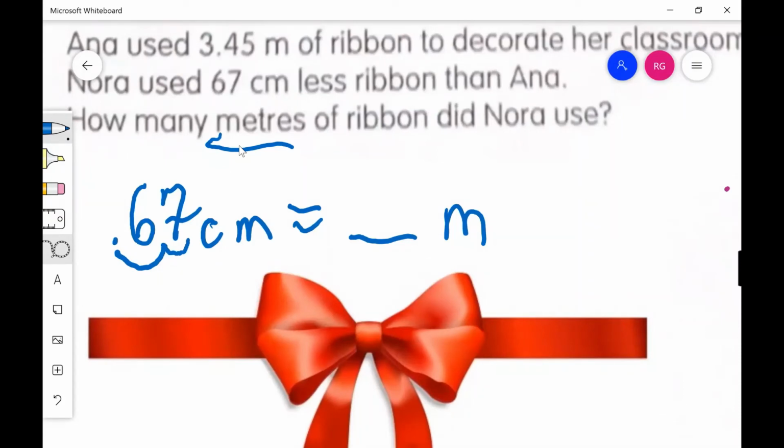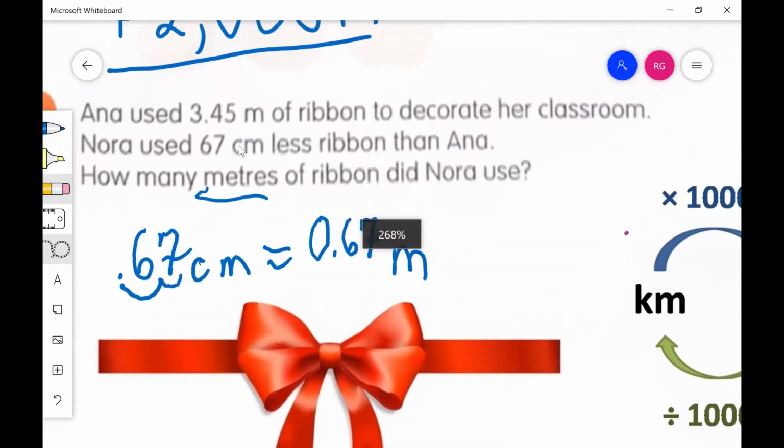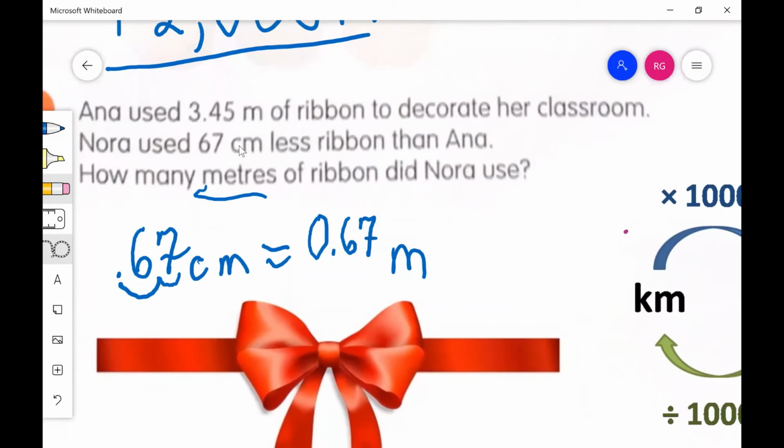And we should get 0.67 meters, all right? And that should be pretty close to being ready. We're ready to solve this. So it says she uses 0.67 meters less ribbon than Anna.